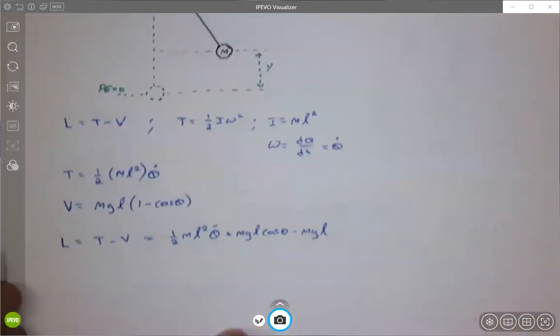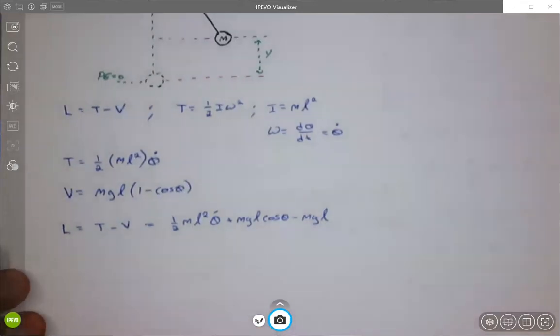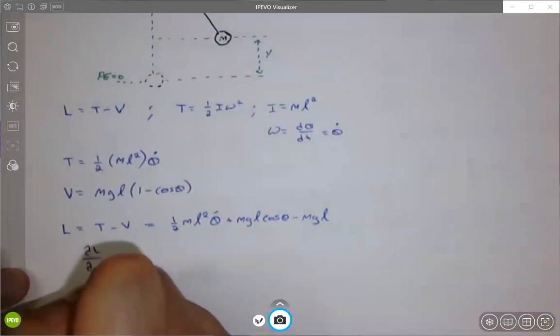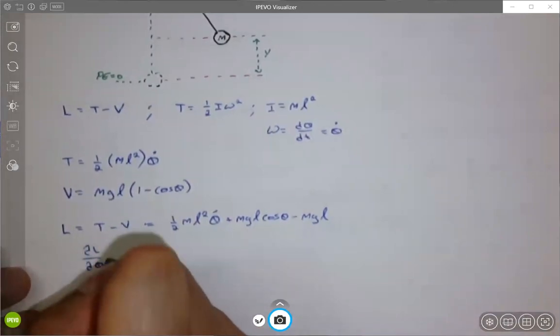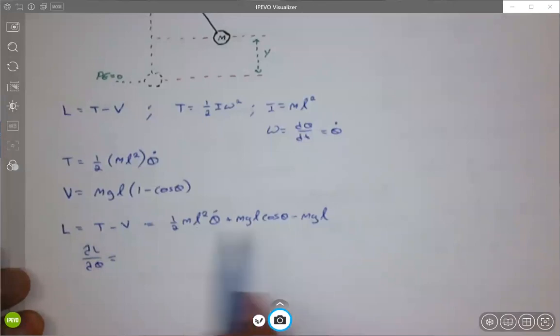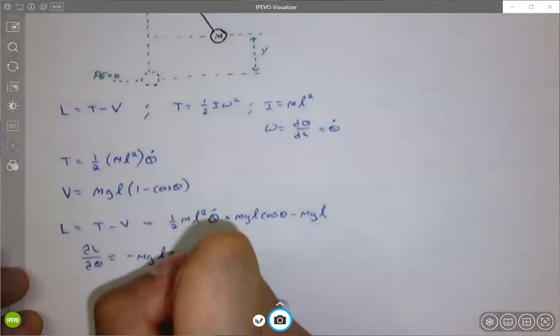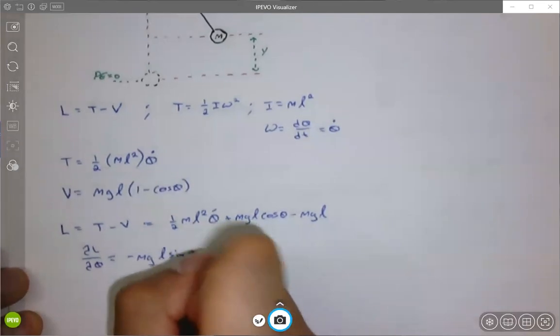So there's the Lagrangian, and now we put it into the Euler-Lagrange equation. We first need to figure out what dL over d theta is equal to. This term is nothing. This term becomes negative mgl sine theta.